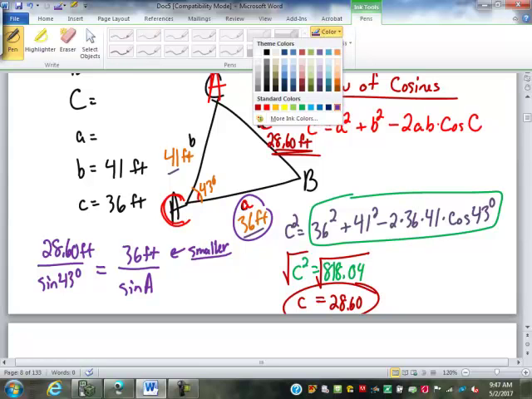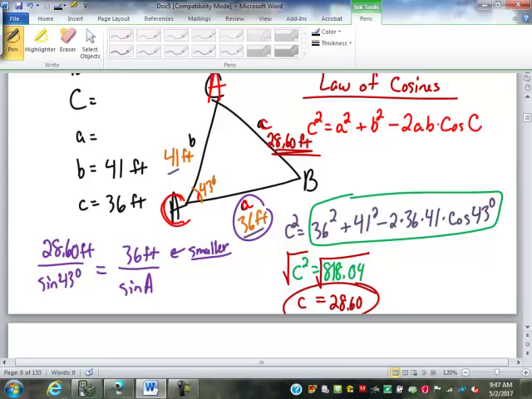Well, because the longest side is across from the largest angle, and there is a possibility that the largest angle of this triangle could be obtuse. We don't know for sure. But we do know that there can only be one obtuse angle, right? So we do know that the next largest angle has to be acute. So the reason we're using the smaller of the two sides is that since 36 is not the biggest side in the triangle, it must be opposite an acute angle.